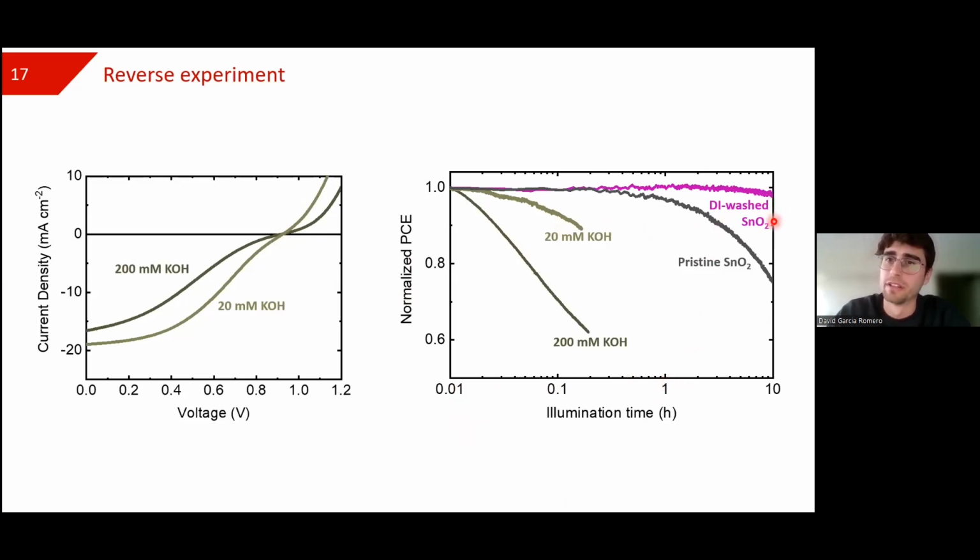We have here the DI washed and the pristine, and then with these treatments, the stability is even more compromised. So this is again an empirical proof of our hypothesis, and we are really happy that we observed that just by washing these potassium cations, we could improve both efficiency and stability.